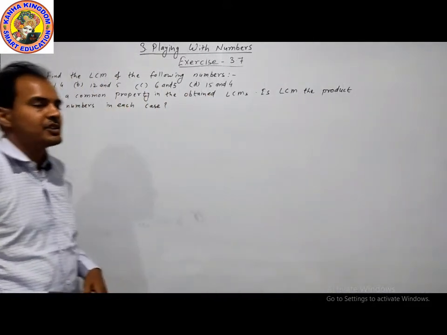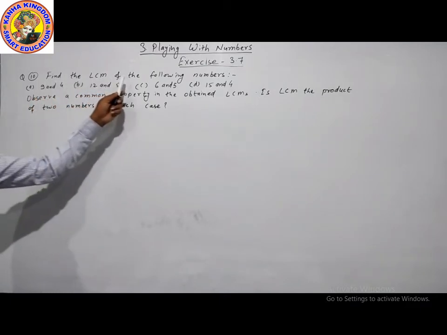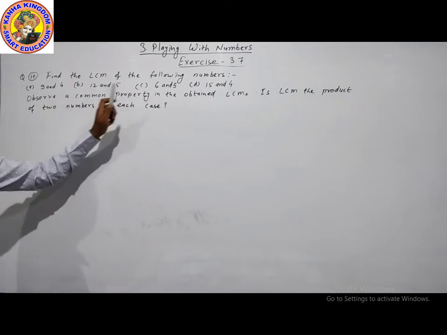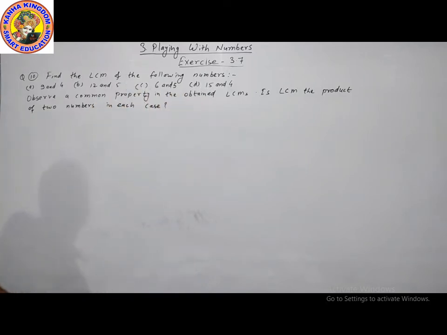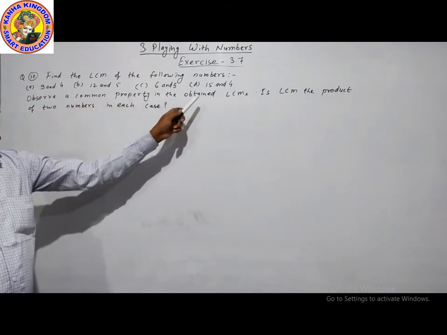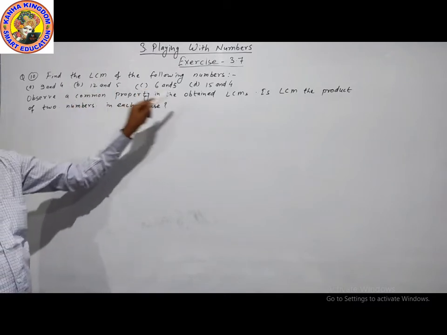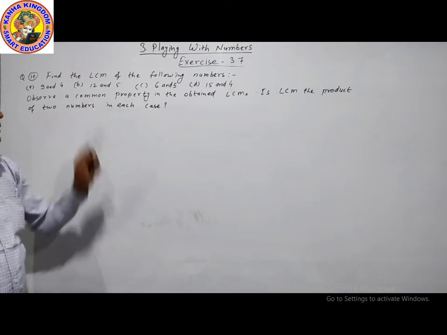Now our next question is question number 10. Find the LCM of the following numbers: 9 and 4, 12 and 5, 6 and 5, 15 and 4. Observe a common property in the obtained LCM. First of all, we will find the 4 LCMs and observe them to find the common property.